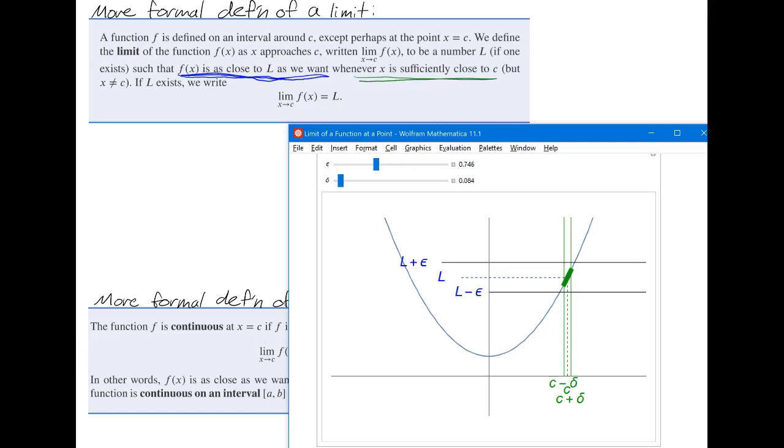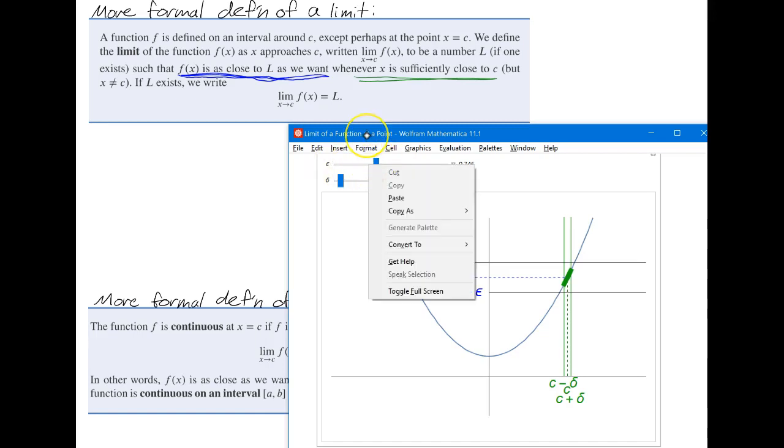Anyways, I have this little thing here which helps understand this more formal definition of a limit. And so when we say f of x is as close as we want to L, we're going to use the Greek letter epsilon here to denote that.